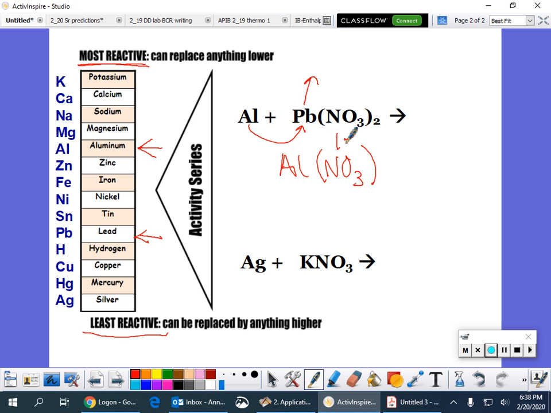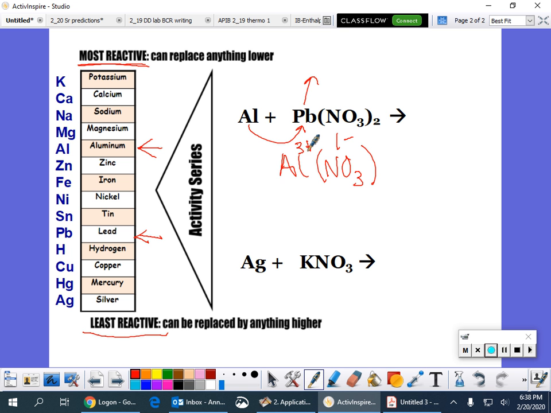Our aluminum, if we look at the periodic table, we can see that aluminum in group 13 wants to lose 3 electrons in order to get to that stable electron configuration that neon has. That is its shortest route to achieving that stable noble gas configuration. So aluminum wants to make a 3+ ion.